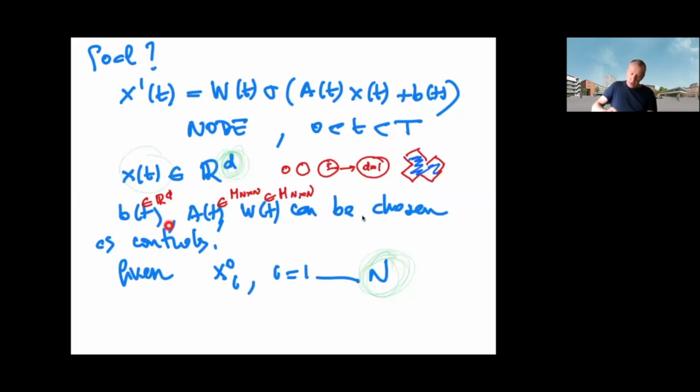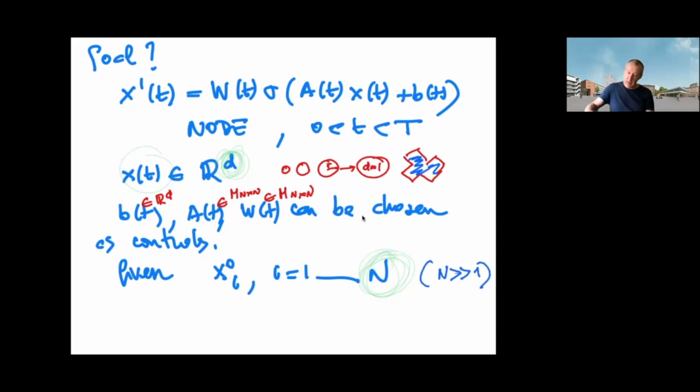So these controls are chosen once and for all, for all the data simultaneously, right? So it's not like in the classical linear control theory where the control depends on the data to be controlled. Here the control has to be chosen to be the same with respect to all initial data. And of course, the number of data we may have in applications normally is large. So N can indeed be quite large, okay?